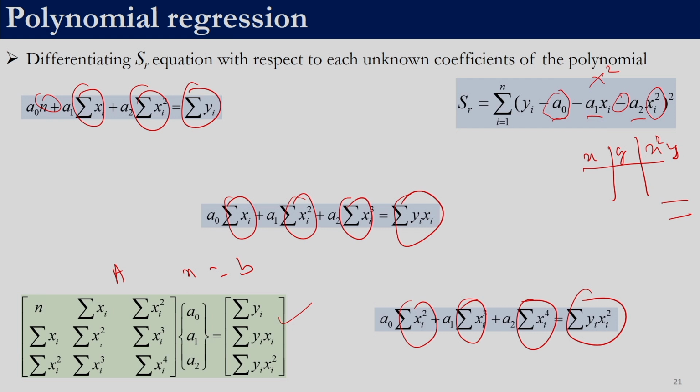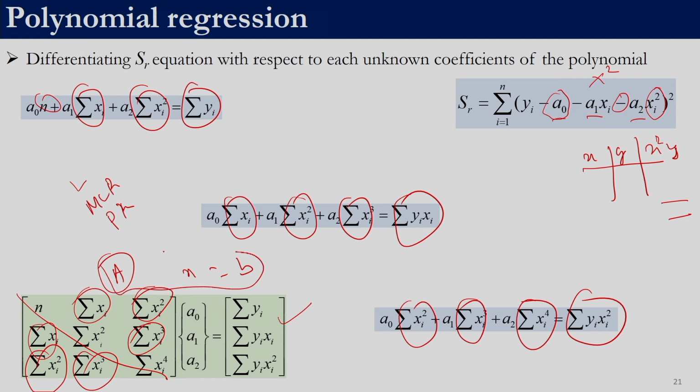In all the 3 cases, linear regression, multiple linear regression and polynomial regression, if you see the coefficient matrix, it would be symmetric. So, sigma xi, sigma xi square, sigma xi cube, sigma xi cube. So, this is the diagonal, so it will be symmetric. This matrix will also be positive definite, and there are better, efficient methods to solve this Ax equal to b.